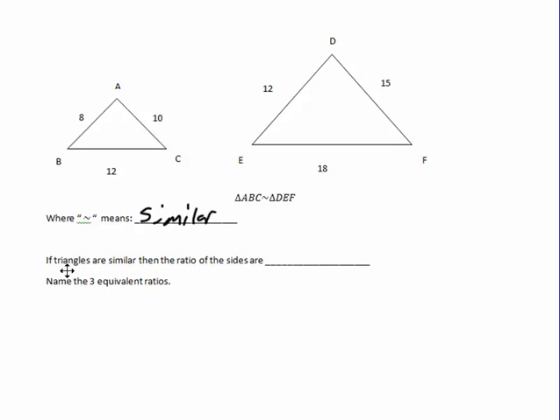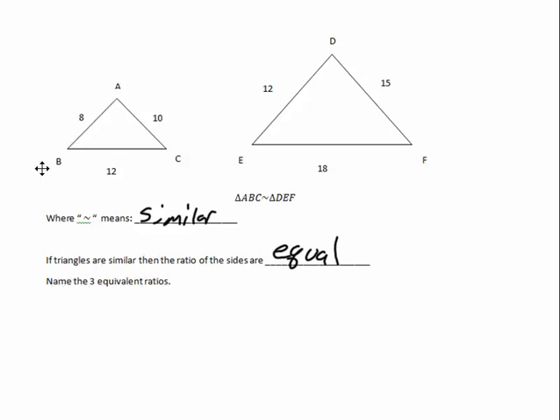So we know this means similar. If triangles are similar, then the ratio of the sides are what? The ratio of this side in comparison to this side? Well, the ratio of the sides are equal. So now we get to name the three equivalent ratios.